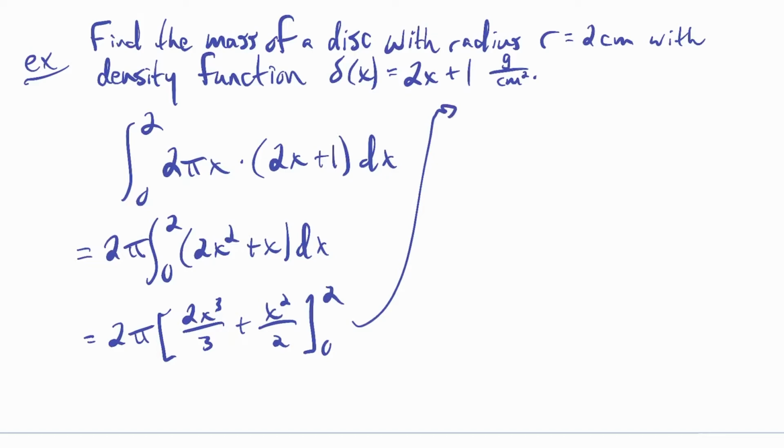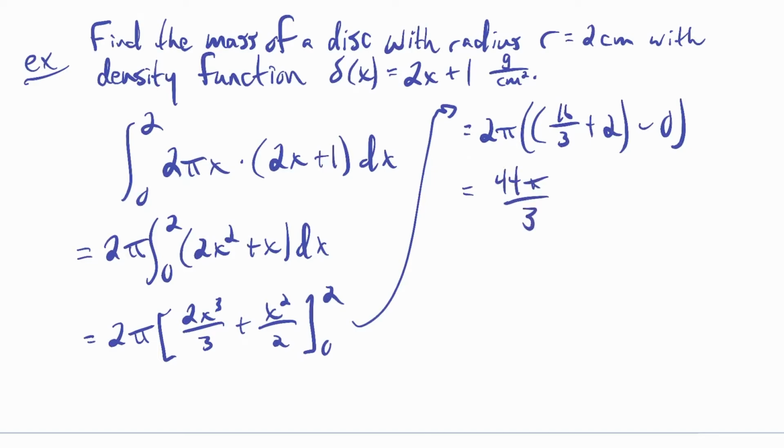Kind of running out of room here. So this equals 2 pi times 16 over 3 plus 2 minus 0. So 22 thirds, so 44 pi over 3 is the resulting mass.